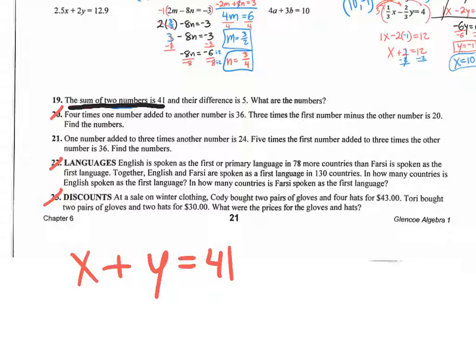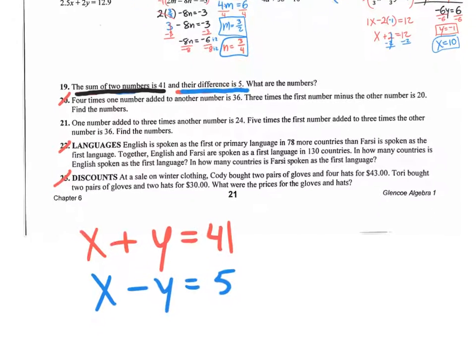Now this other one says, and their difference is 5. So they're also saying that the difference between these two numbers, what does difference mean? Subtract, right? So the difference of x and y is 5. So there's your system. You just have to read it carefully and create your system.